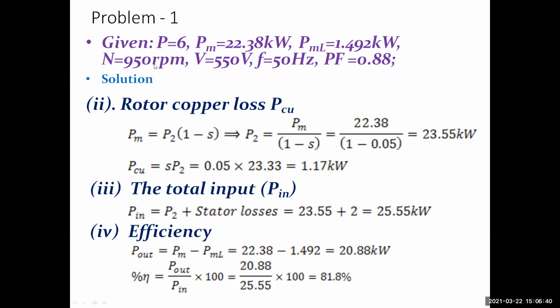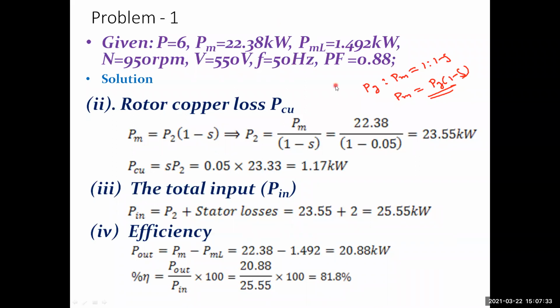From this relation we'll get this formula: air gap power, rotor copper loss, and mechanical power are in the ratio 1 is to S is to 1 minus S. From this relation, air gap power, that is called rotor input, is to mechanical power developed is equal to 1 is to 1 minus S. Then mechanical power developed is equal to air gap power, that is rotor input, into 1 minus S. Understand? By using only one relation, we'll get all relations.